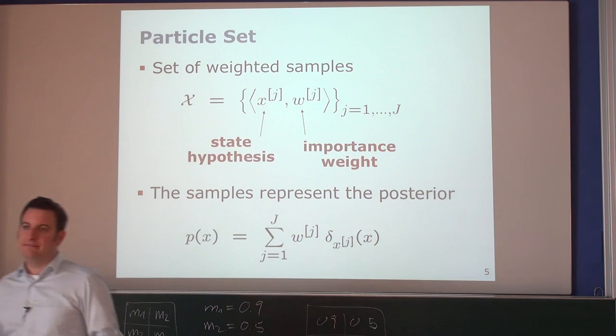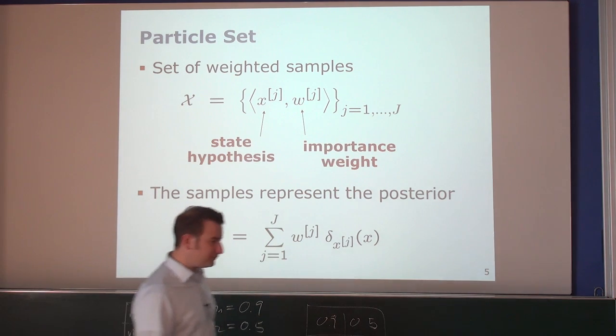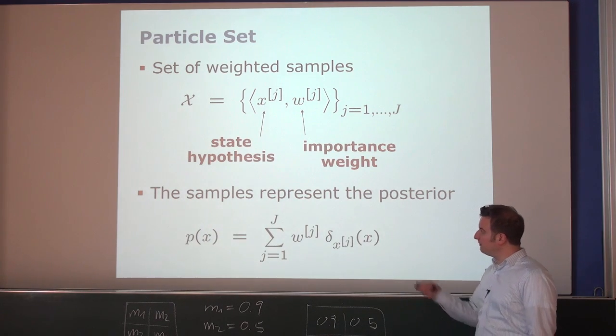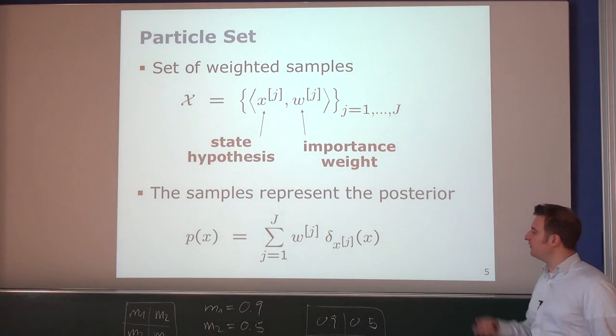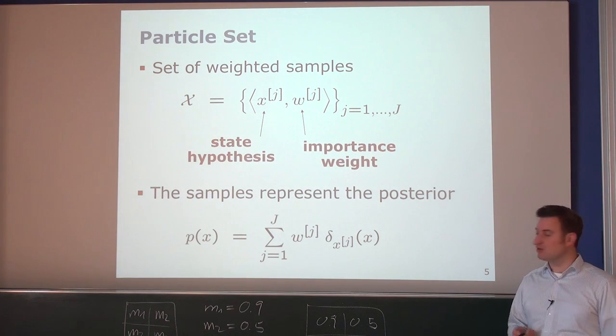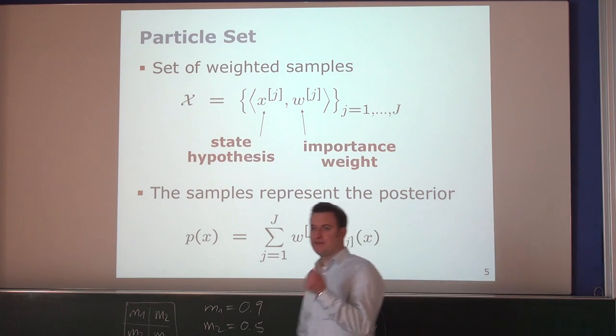Otherwise, I need to count up the weights which fall into a certain area. If I do it that way and represent it in that way, the probability distribution that this sample set represents is just a sum of all samples, the weight of the individual samples, and the Dirac distribution centered in the state of the sample.